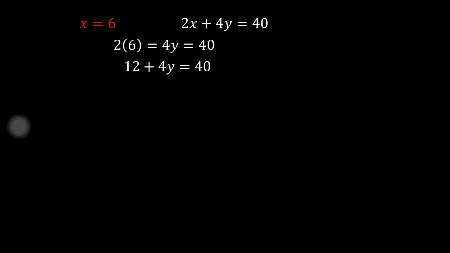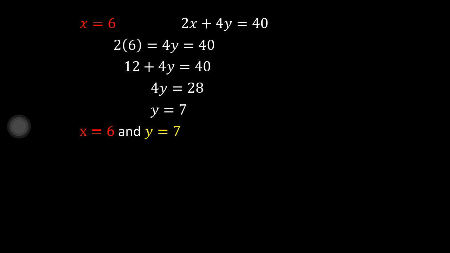Then, 12 plus 4y is equal to 40. Lipat natin yung 12 sa kabila. So, 40 minus 12, magiging 28. So, 4y is equal to 28. Divide both sides by 4. Yung y na nakuha natin is 7. Therefore, yung x natin is equal to 6 and yung y natin is equal to 7.